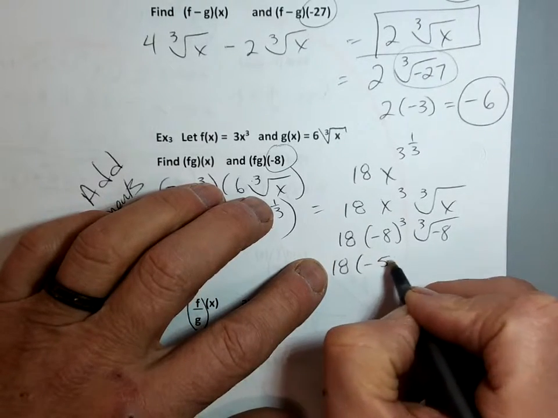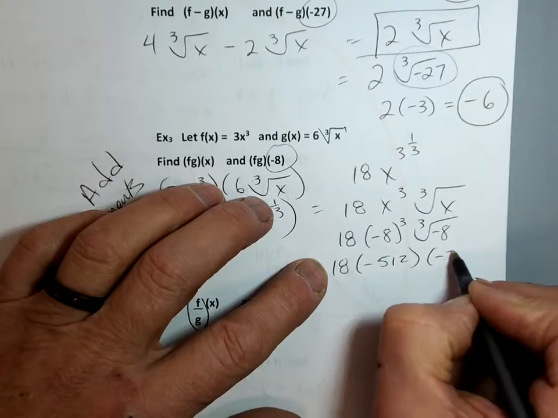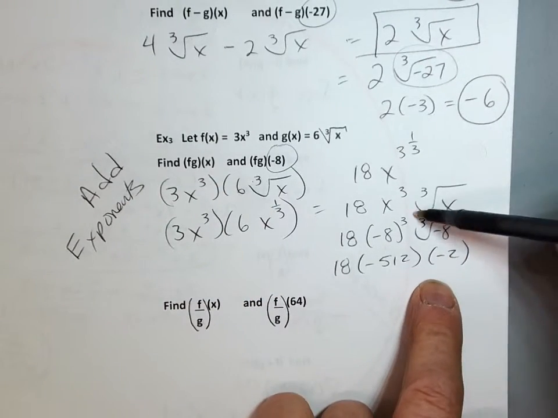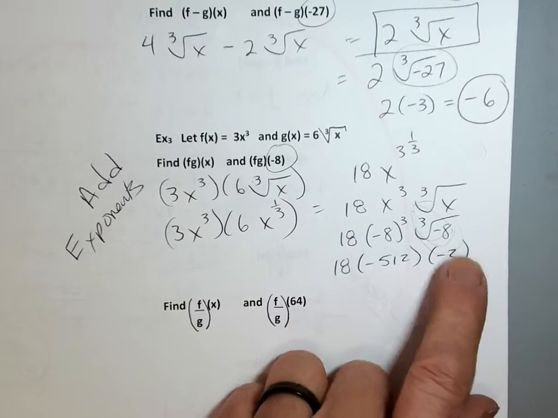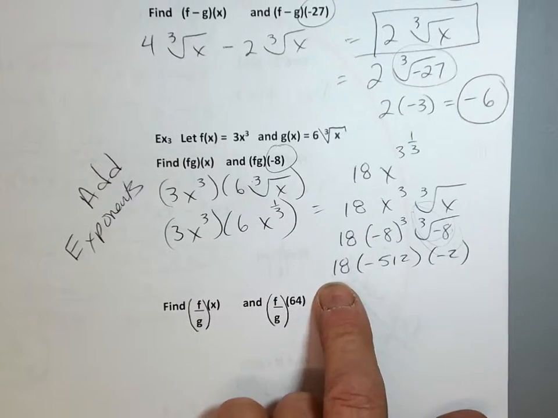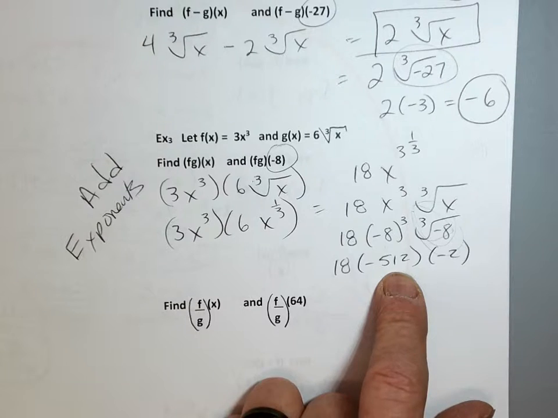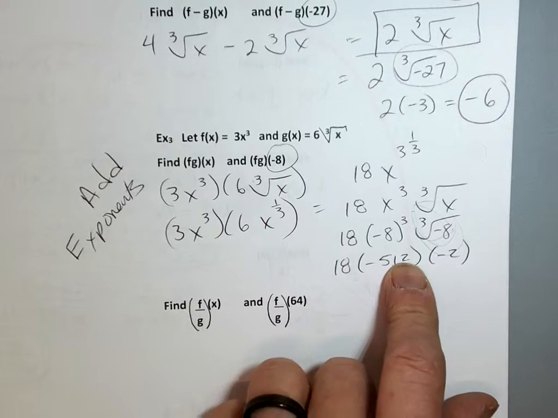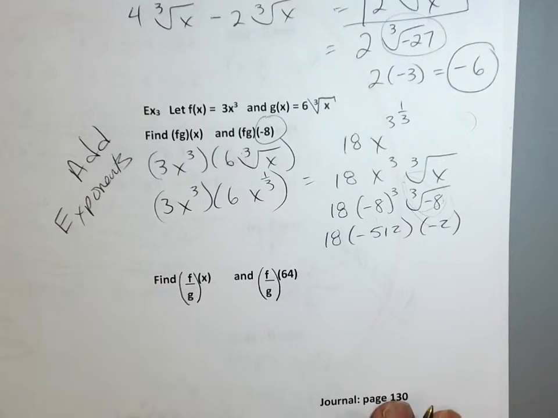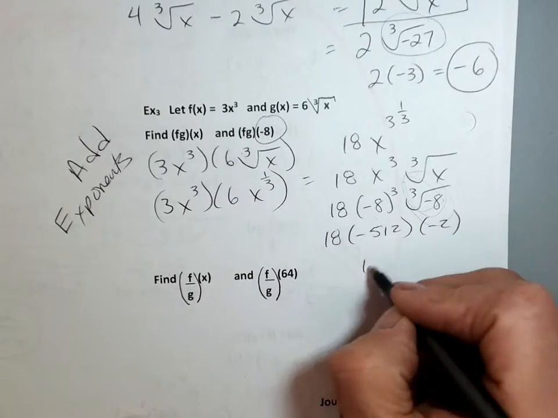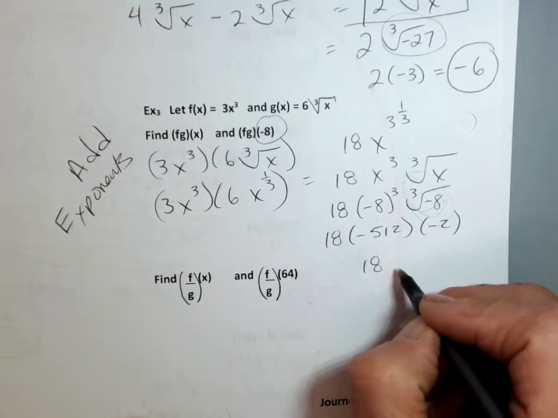Negative 512 times negative 2. Do you know where I got the negative 2 from? And so let's just do that. Callan, do you mind going that times that times that? 18 times negative 18,432.